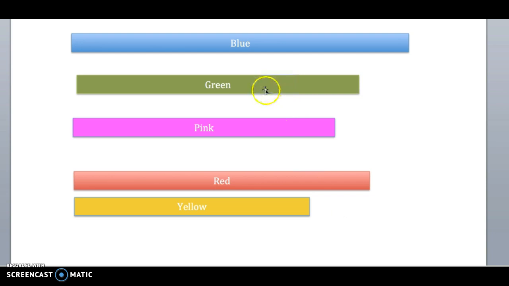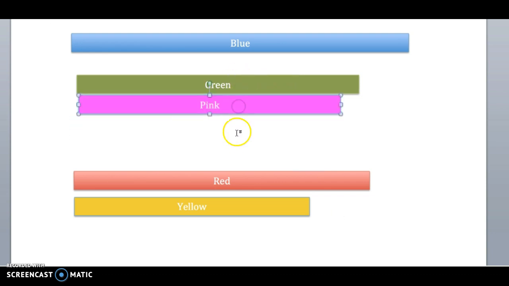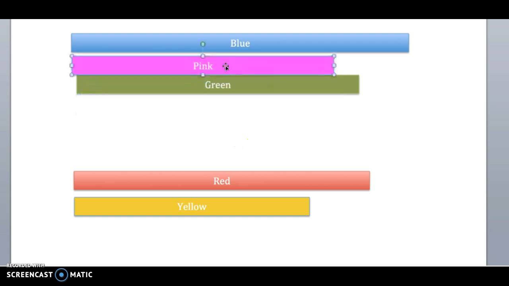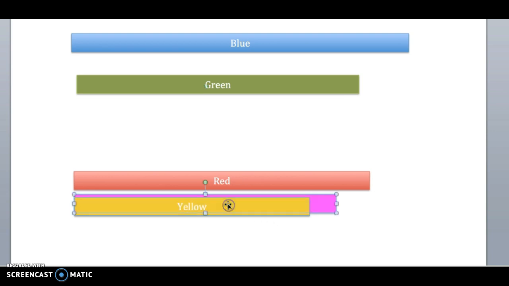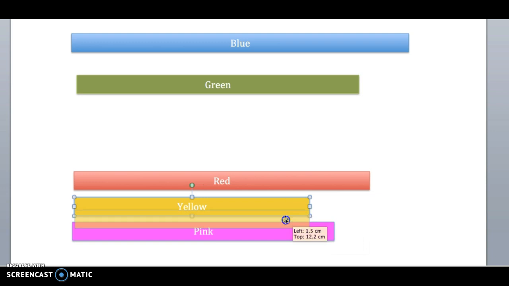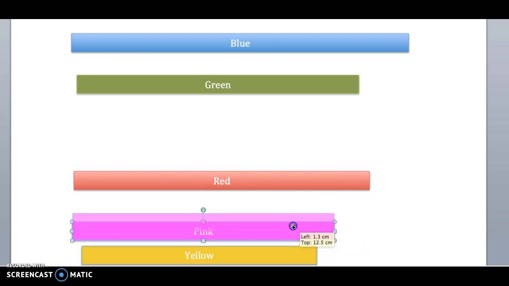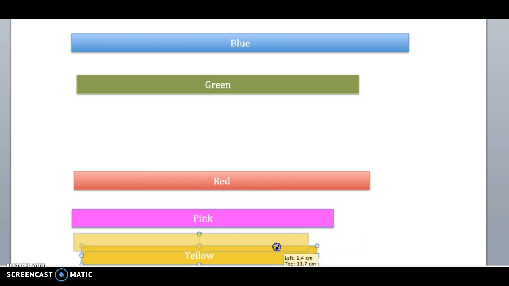No. Okay, so we've already established green. Now I'm going to go to pink. Okay, is pink longer than blue? No. Is pink longer than green? No. Is pink longer than red? No. Is pink longer than yellow? Yes. Okay, so yellow is going to go above and pink is going to go there.